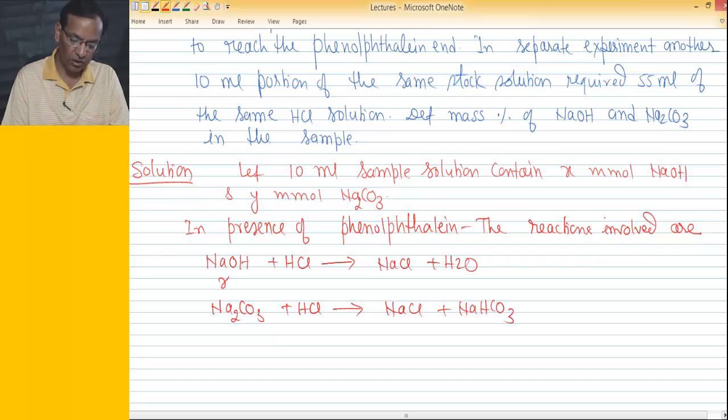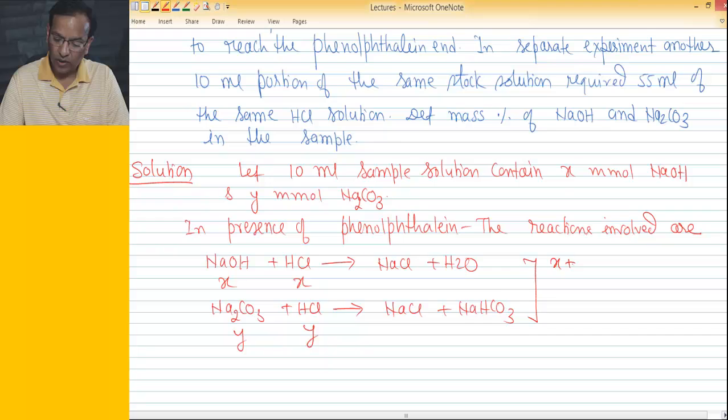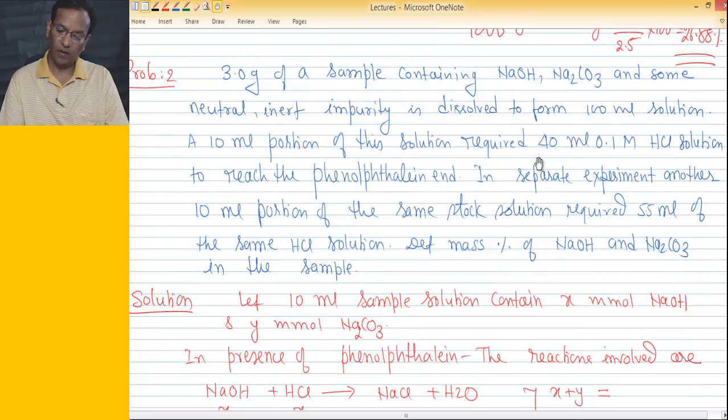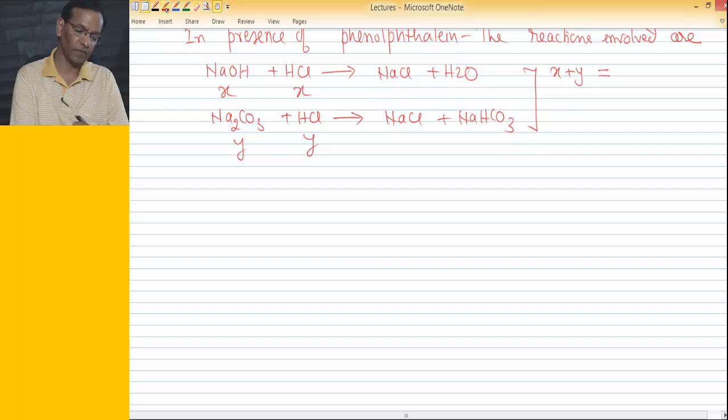So for X millimole of sodium hydroxide, X millimole of HCl would be required. For Y millimole of sodium carbonate, Y millimole of HCl would be required. So now X plus Y is equal to how much? Millimoles of HCl, 40 into 0.1, so 4.